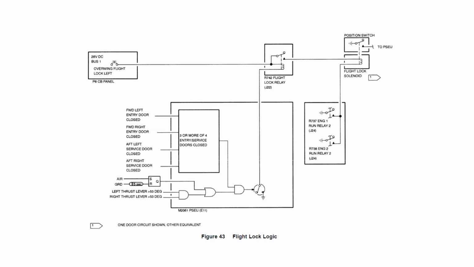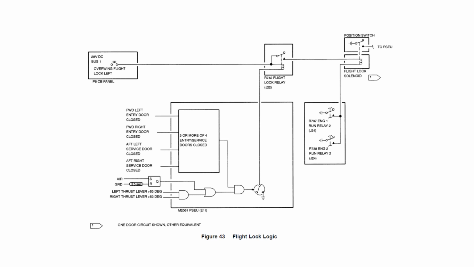The ground signal will be provided if either of the two engines are running. So either one or both engines are running, and we have a ground signal provided by one of those two relays. That means the flight lock solenoid now has the circuit completed.